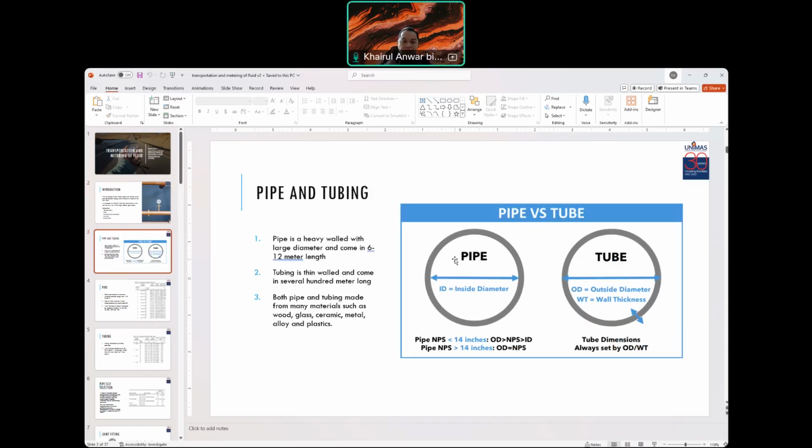Pipe and tubing. Pipe is heavy walled with large diameter and comes in 6 to 12 meter lengths. Tubing is thin walled and comes in several hundred meter lengths. Both pipe and tubing are made from many materials such as wood, glass, ceramic, metal, alloy, and plastic. So pipe versus tube.